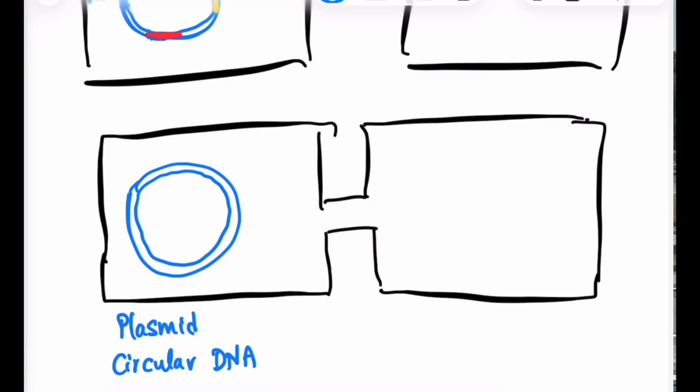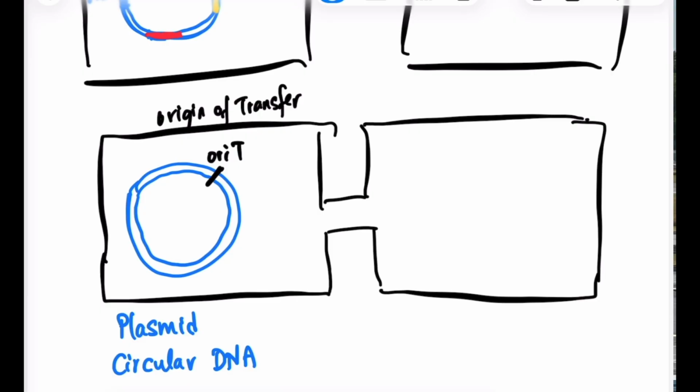So what happened is, at the origin of transfer, T, this is where you can actually have the enzyme to nick and cut one of the strands.